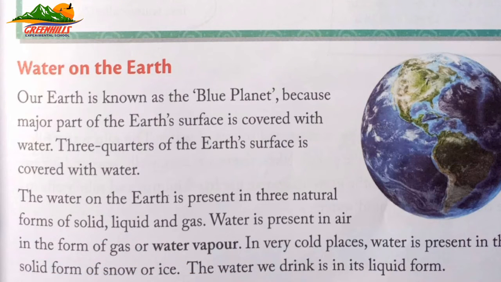Water on the earth. Our earth is known as the blue planet because a major part of the earth's surface is covered with water. 3/4 of the earth's surface is covered with water. The water on the earth is present in 3 natural forms: solid, liquid and gas.